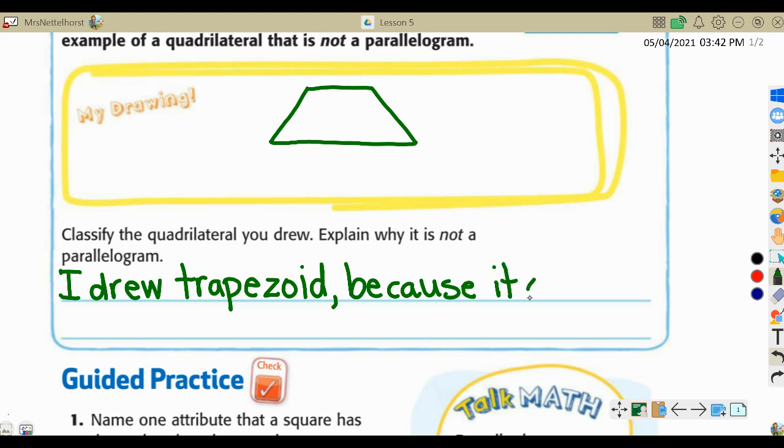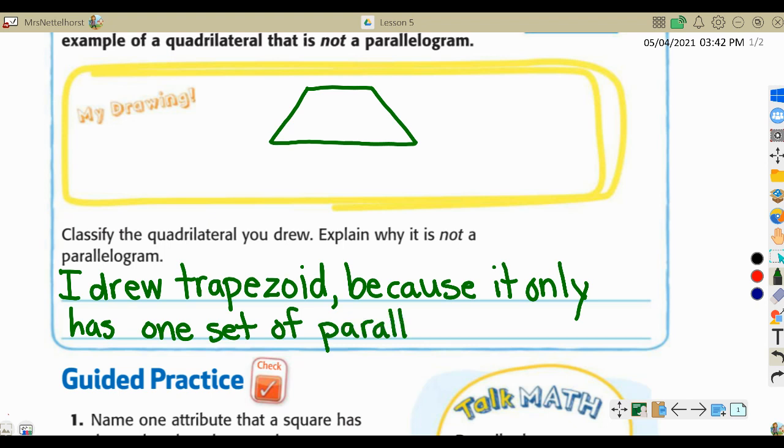It only has one set of parallel lines. There we go.